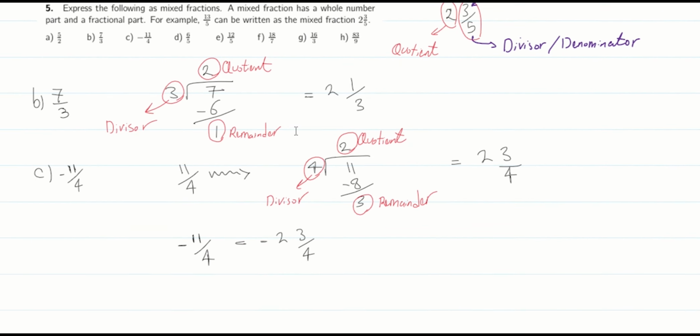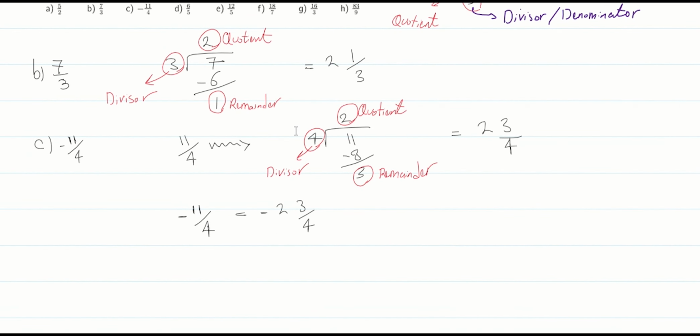Now as the last example, let's say that we want to solve f, which is 16 over 3. Again, we're going to do the same thing. We're going to write 16 divided by 3. The quotient would be equal to 5. 5 times 3 would be equal to 15.